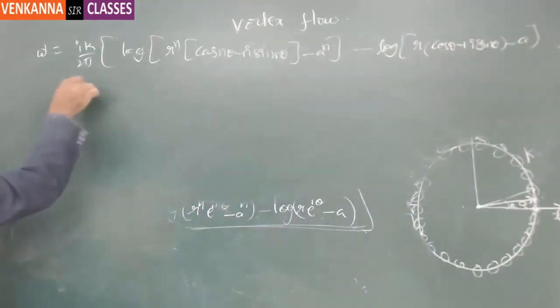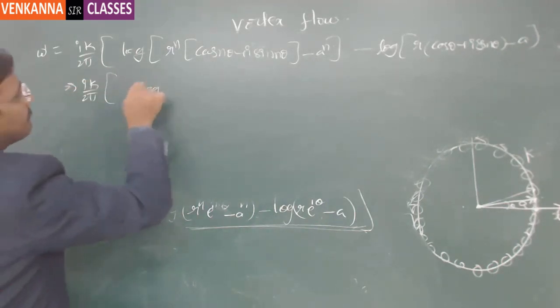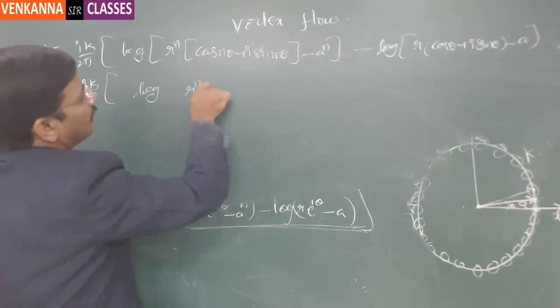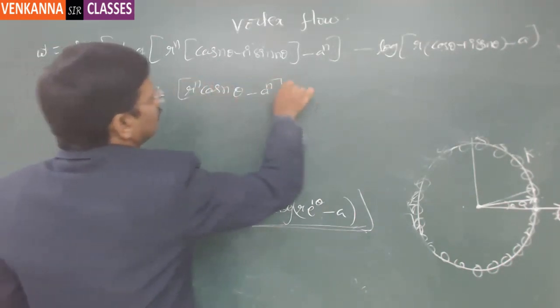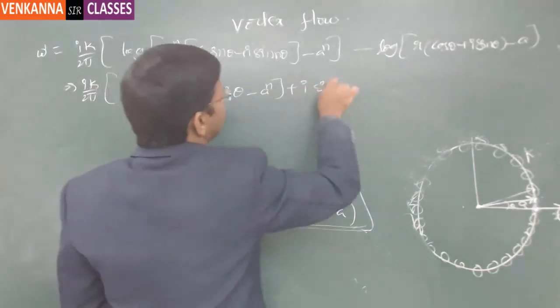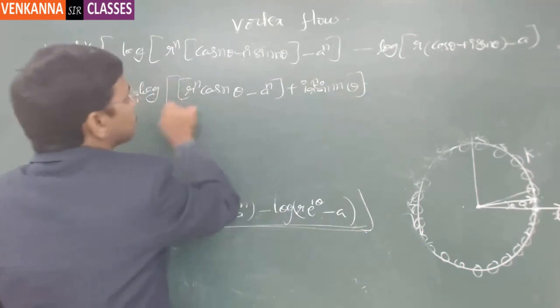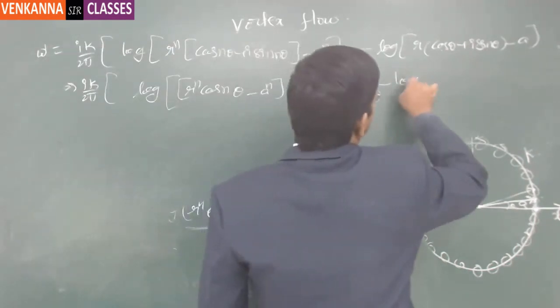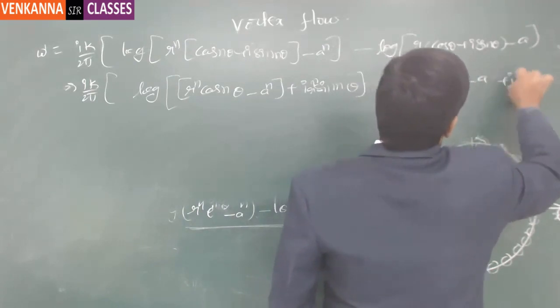And this will be i k by 2 pi log of r power n cos n theta minus a power n plus i times sin n theta into r power n, minus log of r cos theta minus a plus i sin theta.